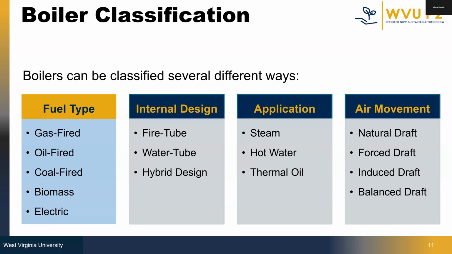Biomass boilers are those that rely on the combustion of organic material, biomass, to generate the heat. Biomass can include materials such as industrial and municipal waste, crop residue, algae and seaweed, wood products like logs, bark, wood chips, and sawdust, and so forth.